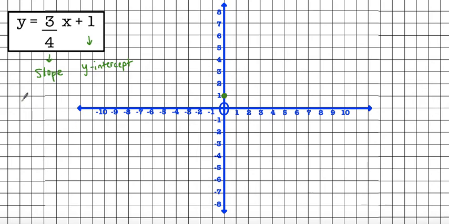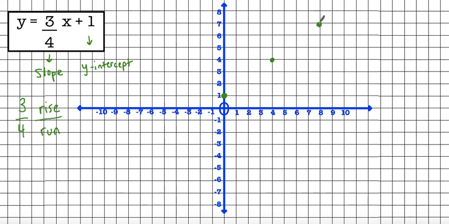And our slope here is 3 over 4, so our rise over run. From this coordinate, we're going to go up 3 because the 3 is positive, so 1, 2, 3. Then we're going to go to the right 4 because the 4 is positive, so 1, 2, 3, 4. So remember, up 3, 1, 2, 3, and then to the right 4, 1, 2, 3, 4.